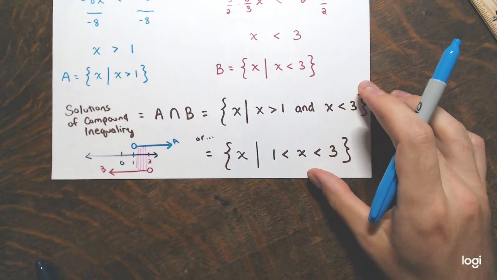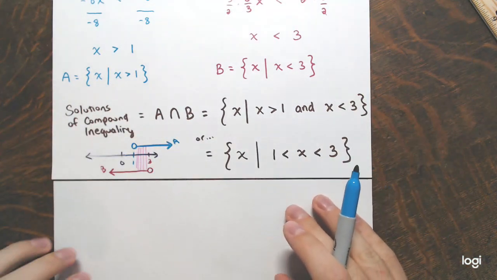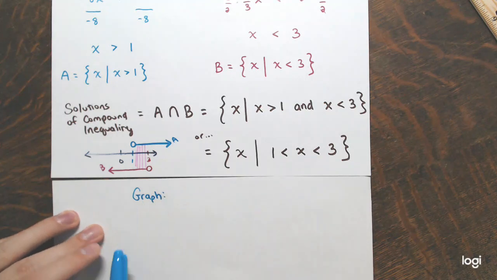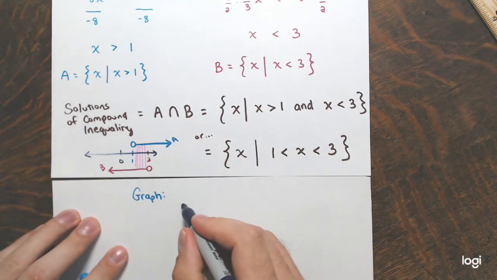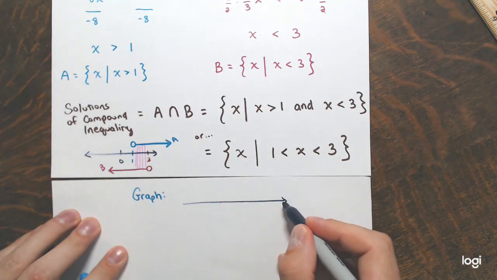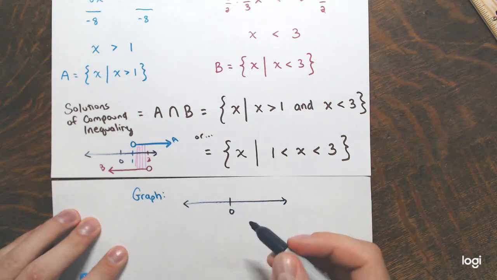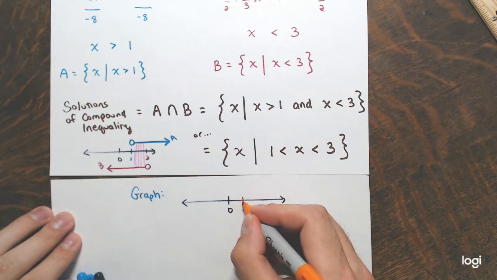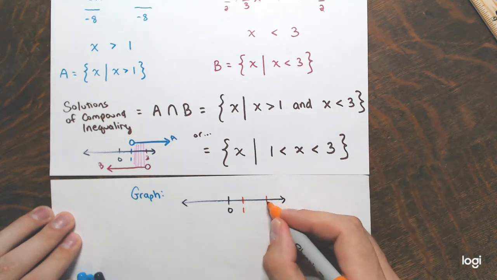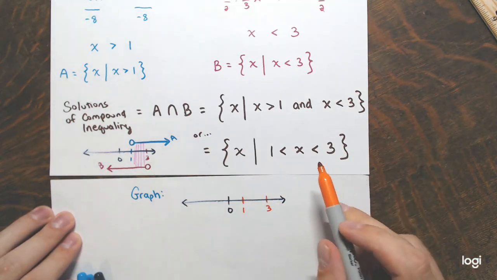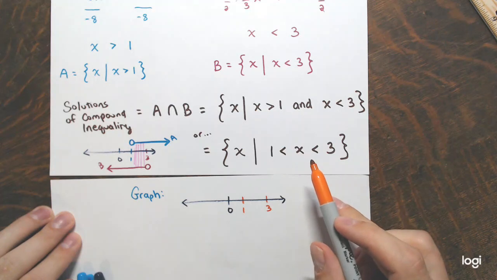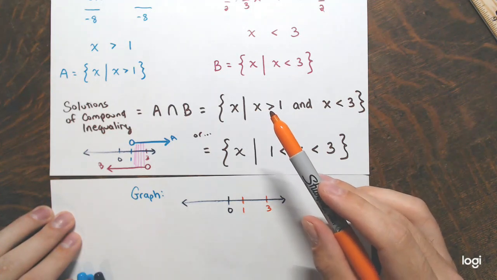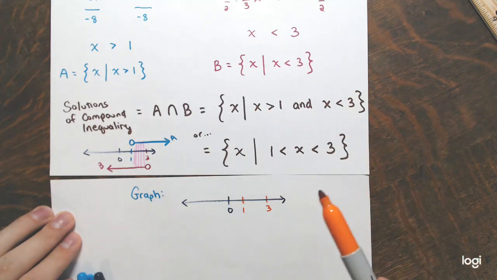All right. So now we'll draw the graph of the solutions of this compound inequality. Right, here's our real number line. There's 0, and the number 1 is to the right of 0, the number 3 is to the right of 1, and the solutions to our compound inequality are all the numbers between 1 and 3, or all the numbers greater than 1 and at the same time less than 3.